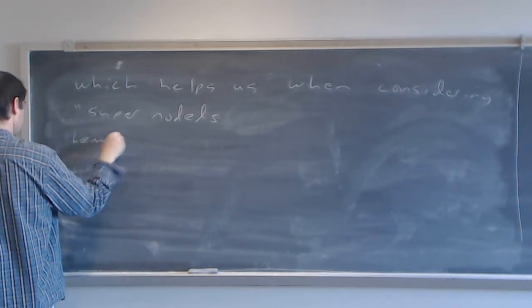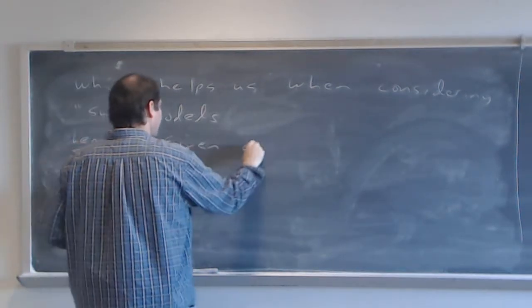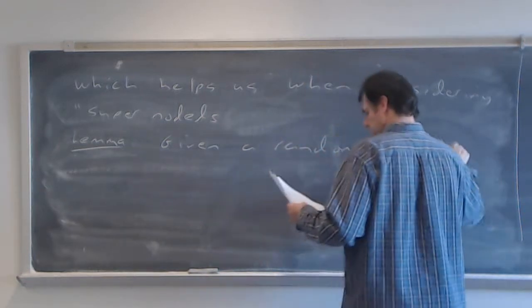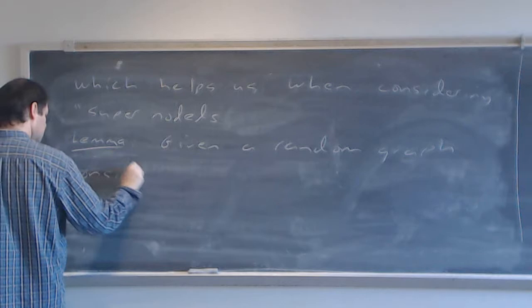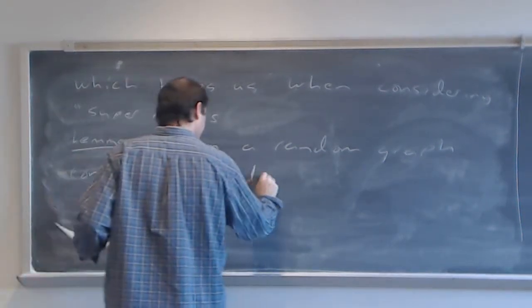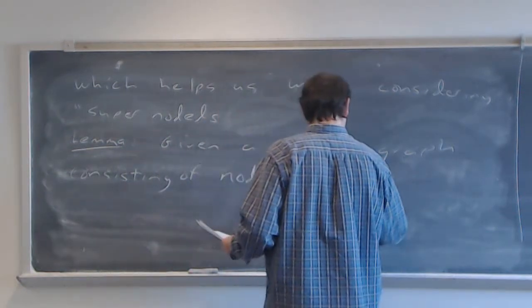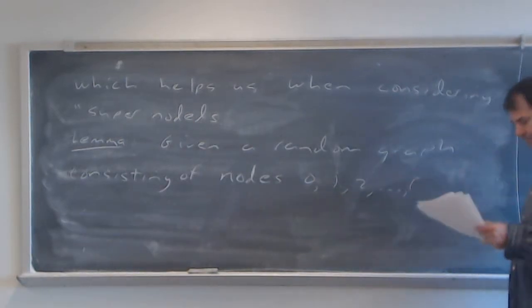Okay. Given a graph consisting of nodes 0, 1, 2, all the way up to R. So there are R plus 1 nodes here.